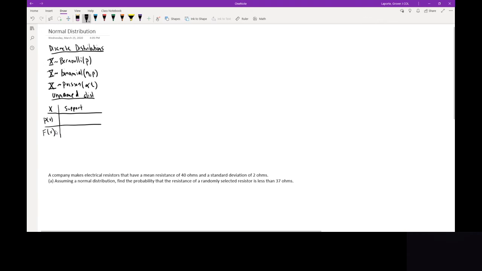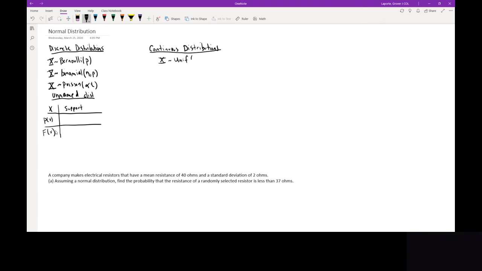Also, we've talked about some continuous distributions. All I'm trying to do is get you to where we're sitting for this particular one. We've talked about a couple of different distributions. The first one was the uniform. So maybe over here, our X is a uniform.